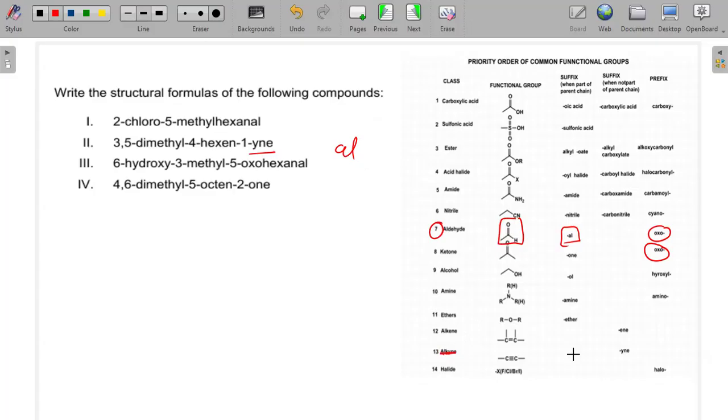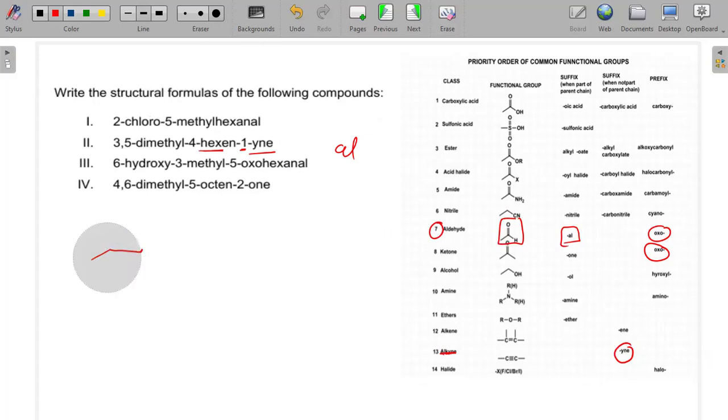You notice that the suffix name is going to end with -yne. It means that we have this hexane, and the 1 tells us that at position number 1 is where we have a triple bond. Hex means that you have a 6-carbon chain, so this is our carbon number 1, number 2, number 3.